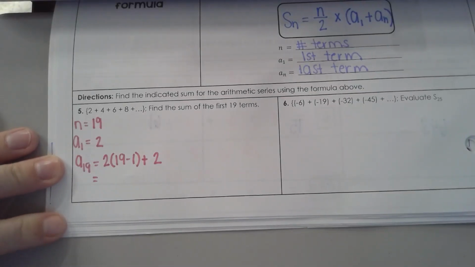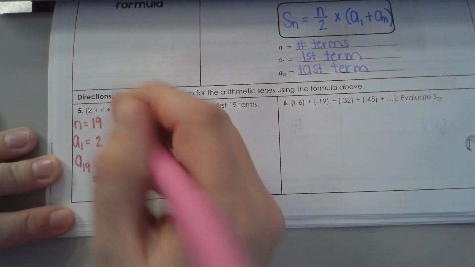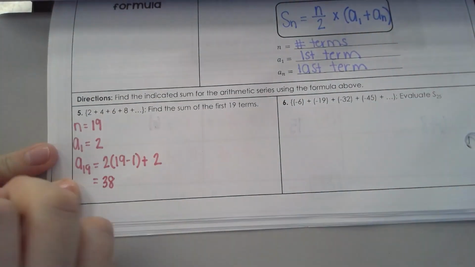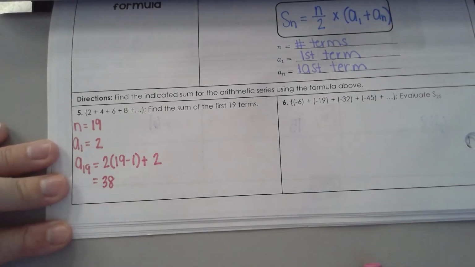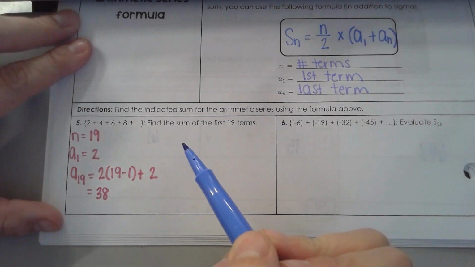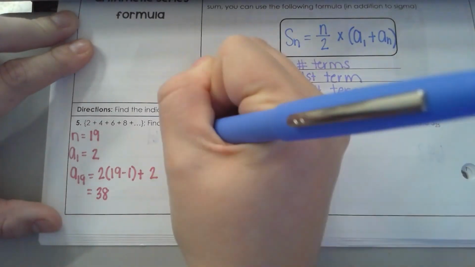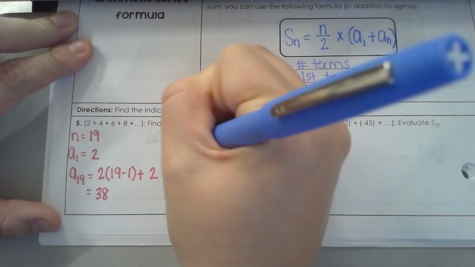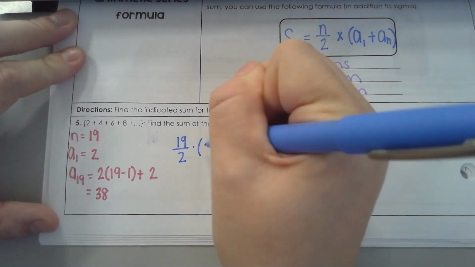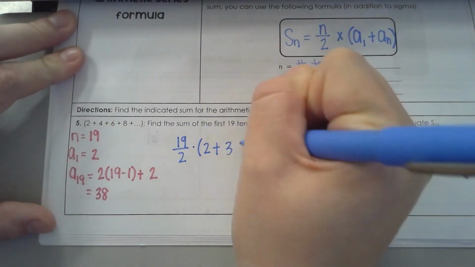What do we get? 38. Good. I can plug that into my formula. 19 over 2 times 2 plus 38.